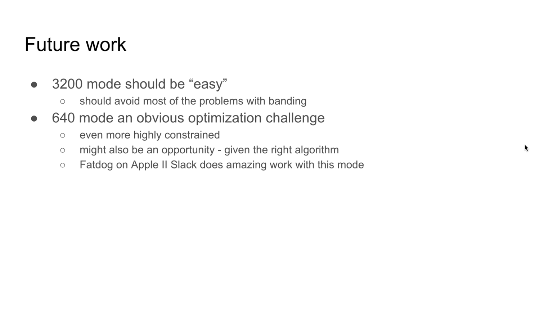If you're able to solve the optimization problem effectively, then perhaps you can get much better image quality than people are used to. But if you want to look at the state of the art of 640 mode image conversions, then FatDog on the Apple II Slack does amazing stuff with 640 mode image conversions. So I'd invite you to check that out.